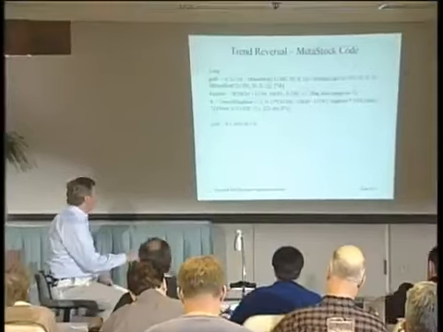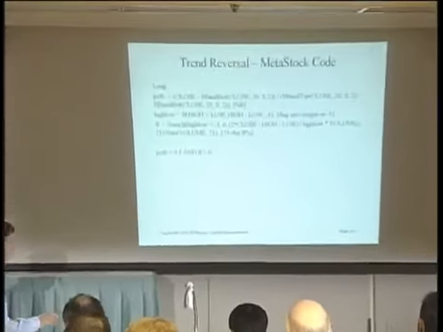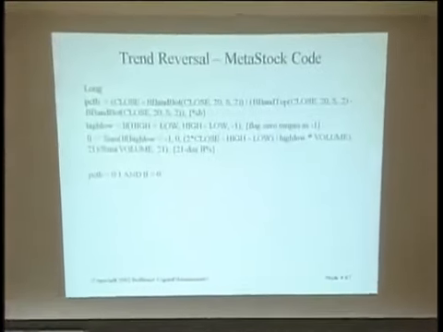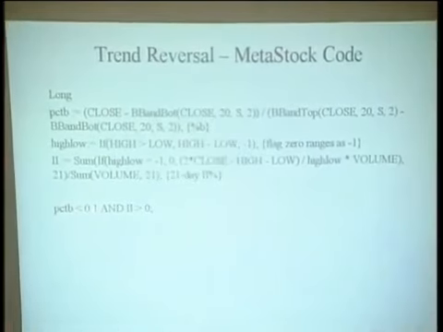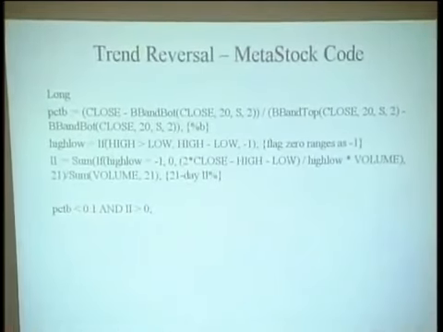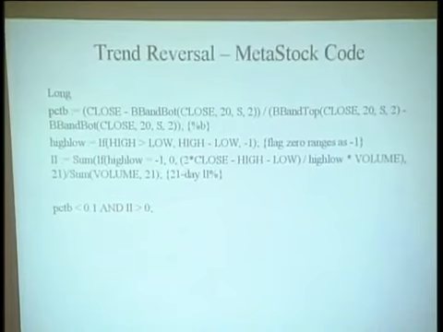Here's our trend reversal system written in Metastock code. Forget about the big block of code up here. We've seen all of that before. Just look at this little piece down here. Percent B less than 0.1 and intraday intensity greater than 0. All right? And this is the way I run my alerts on my system. This is actually a piece of code I use.